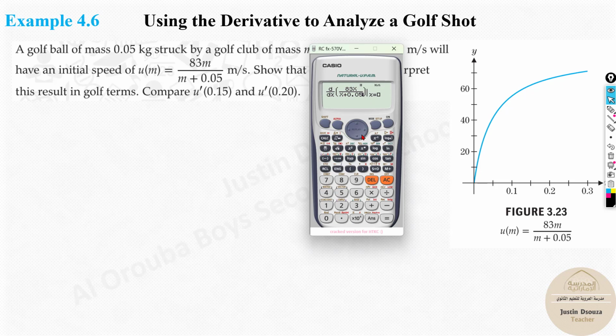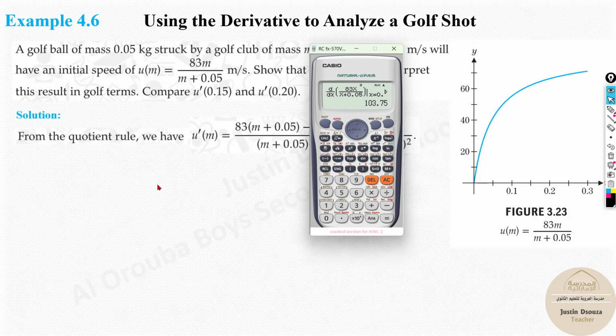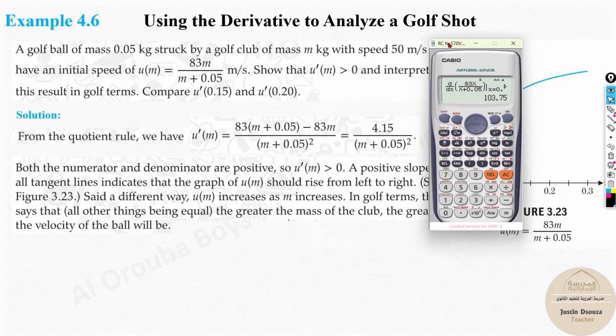Now here, what is the x value? That is the m value here, but we can't use m, so we use x here. It's 0.15. Now the answer for that directly is 103.75. You can see here the product rule is applied and simplified, and then you're applying m of 0.15 and getting 103.75.